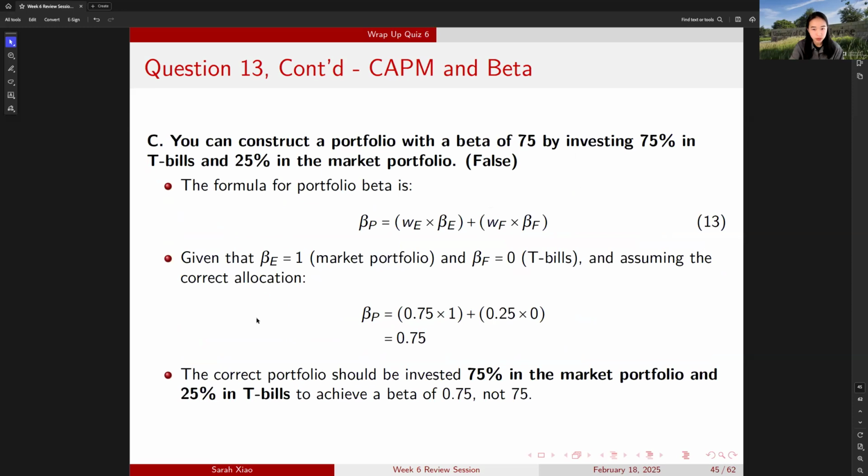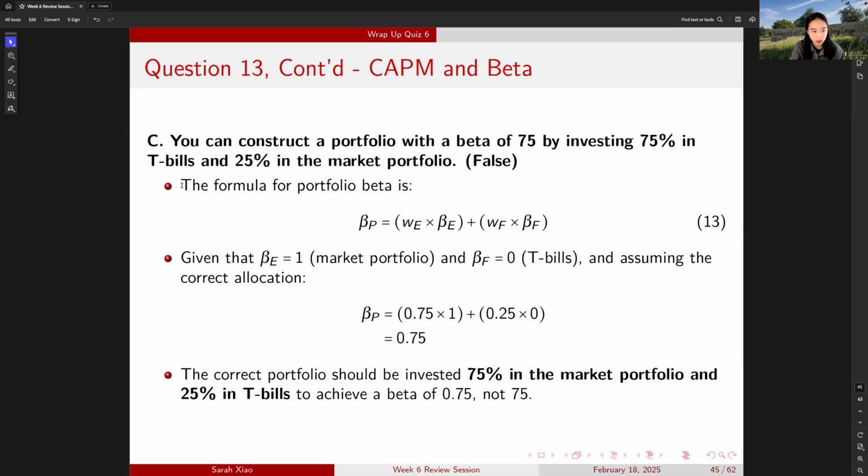And for option C, it states that you can construct a portfolio with a beta of 75 by investing 75% in treasury bills and 25% in the market portfolio.